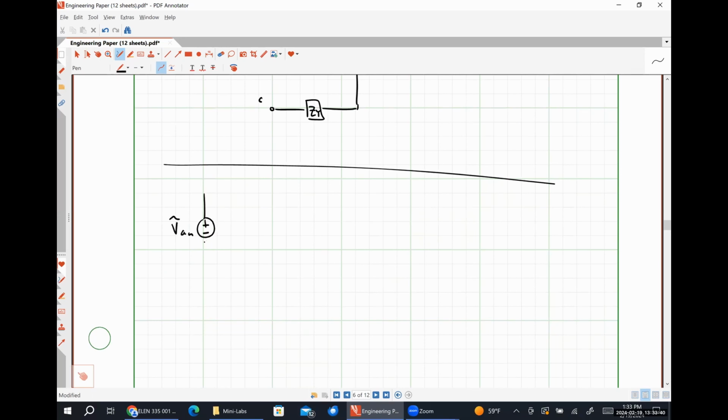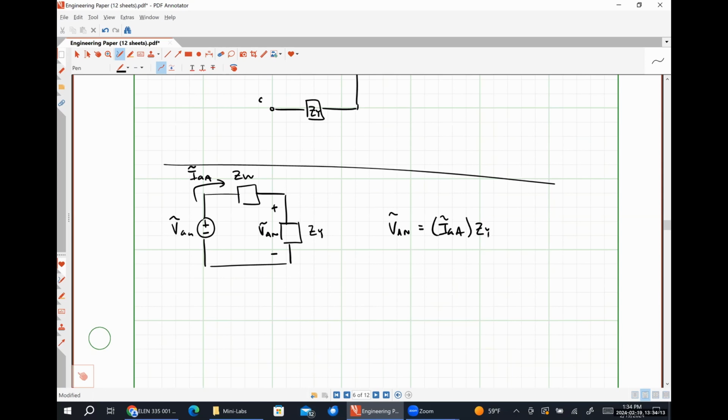So here's VAN. Here's ZW. Here is ZY. And we found this line current IAA. And I said that the voltage drop VAN could be determined by simply saying IAA times ZY.